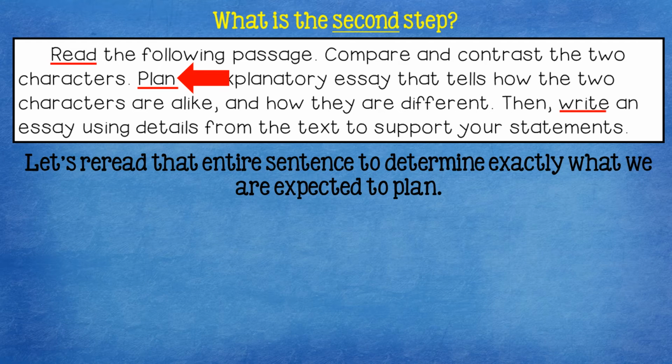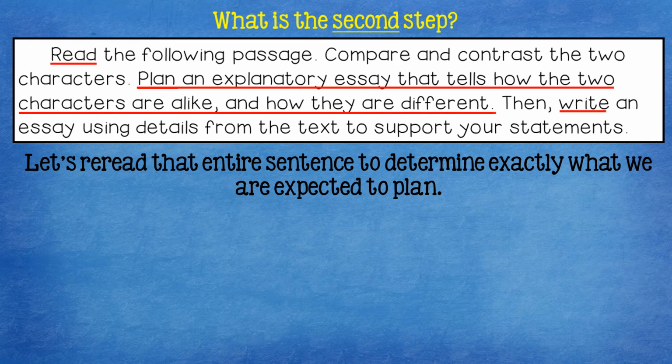Let's reread that entire sentence to determine exactly what we are expected to plan. It says, plan an explanatory essay that tells how the two characters are alike and how they are different.